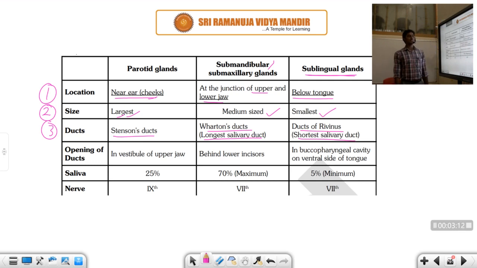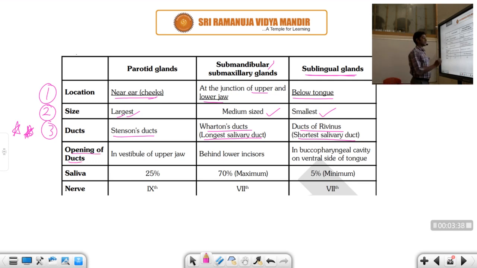The duct of Rivinus connects the tongue and the sublingual gland. The submandibular gland has the duct called Wharton's duct, and Stenson duct belongs to the parotid gland. So students, concentrate on these 3 ducts, they are very important. Definitely this is a very important point, they will ask about ducts.